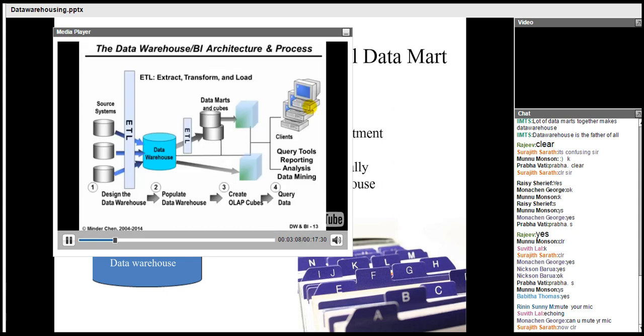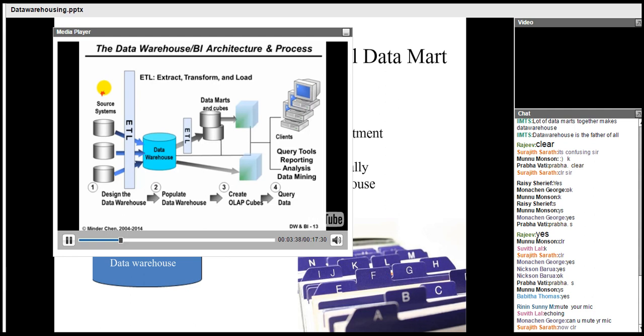This diagram showed us the architecture for data warehouse and business intelligence, and kind of the process, how the raw data migrate to data warehouse and eventually be used by the end user for analytical purpose. Step 1 over here in this diagram is the data source.